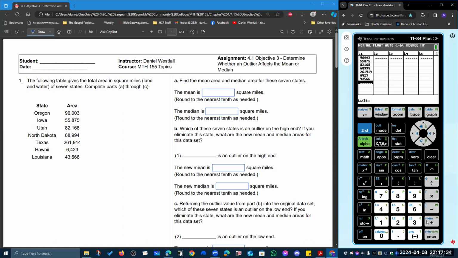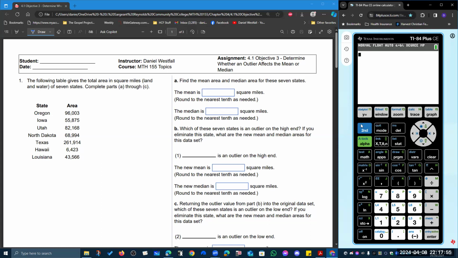And I know what's coming up, so I'm just going to come over to L2 and copy L1, and then come over to L3 and copy L1, because I'm going to need other copies of that list later.